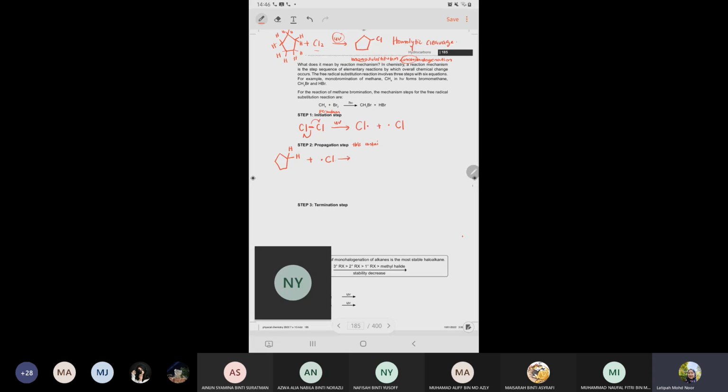You just write it again. What will happen here? The bond between C and one of the H will break homolytically. The process is the same as before. So this one will break like that.